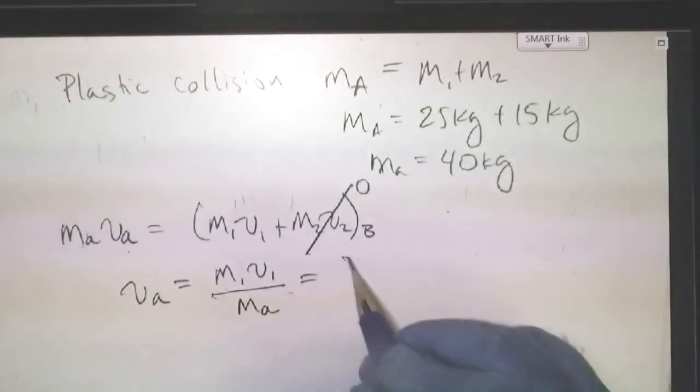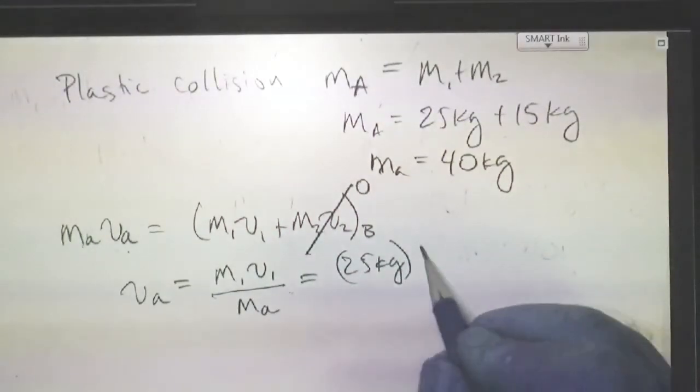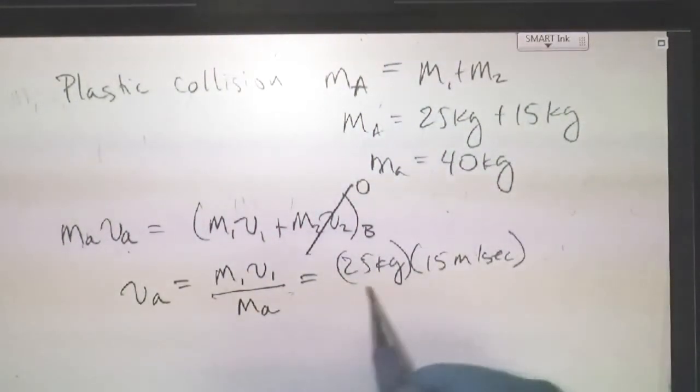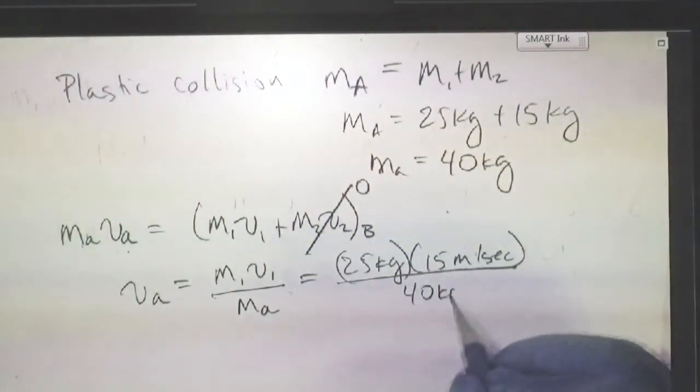So that's 25 kilograms times 15 meters per second divided by 40 kilograms.